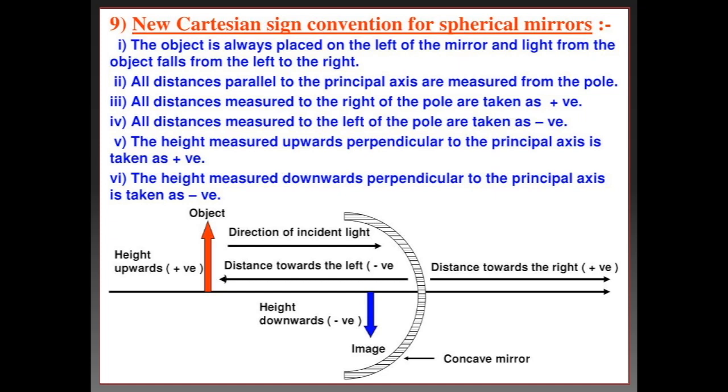All the distances are measured from the optical center of the lens. In a lens, every time the distances are measured from the optical center.